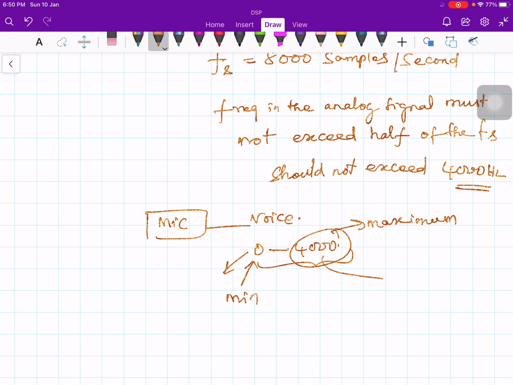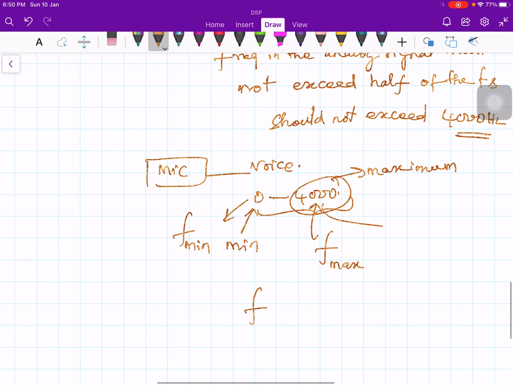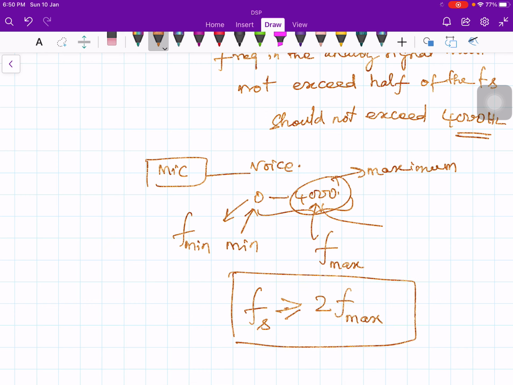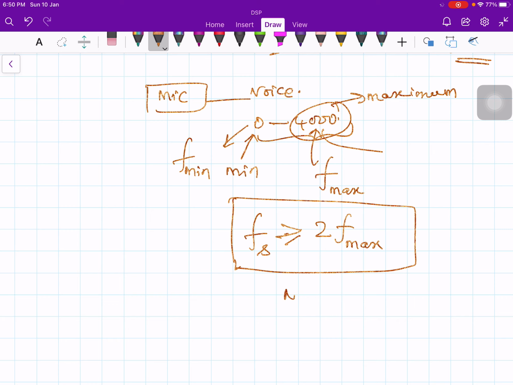Let me call this Fmin, and this Fmax. My sampling frequency Fs must be greater than or equal to 2 times Fmax. If you do the sampling in this way, then you can reconstruct the signal without any distortion. This is called the Nyquist criteria.